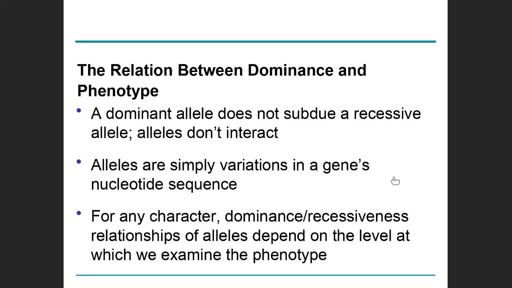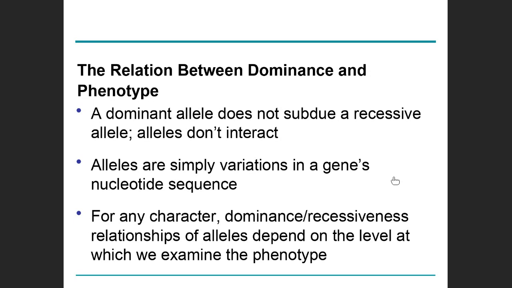So the relation between dominance and phenotype. A dominant allele is not subduing or impacting the recessive allele. The recessive allele is still being expressed. It's just that you don't see it if you have a dominant allele. Alleles are just variations in a gene's nucleotide sequence.